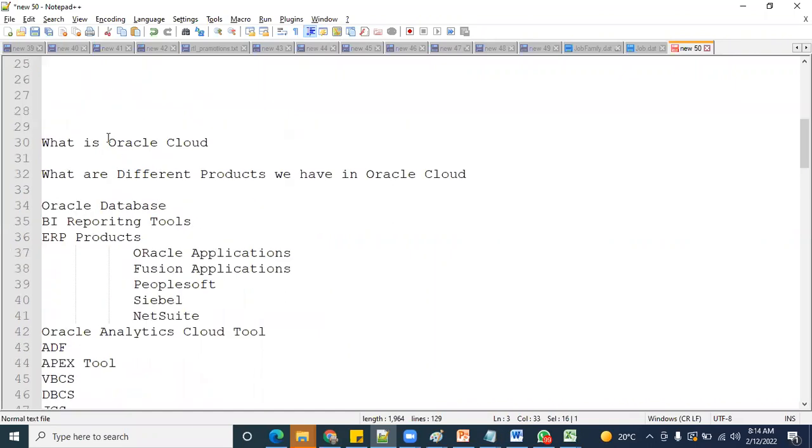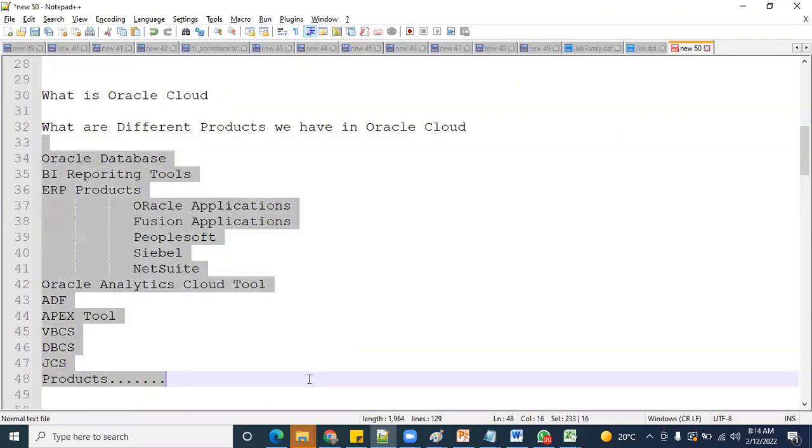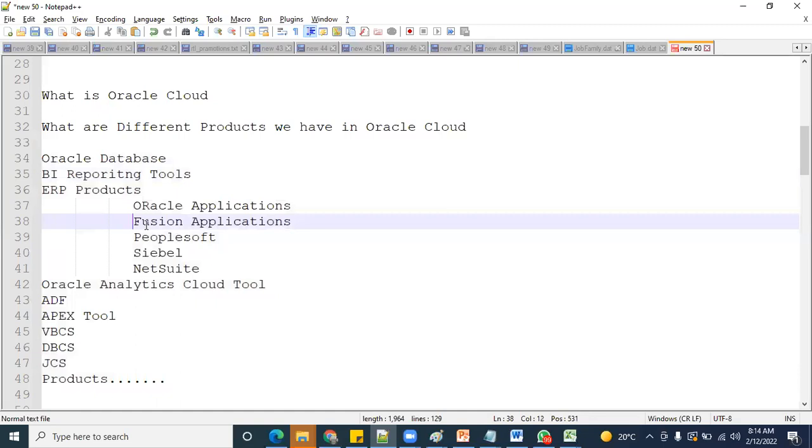Oracle Cloud. So Oracle Cloud means Oracle servers are there. In Oracle servers, there are a number of software, a number of products, and the client can use those products. So Fusion is one of the ERP applications.